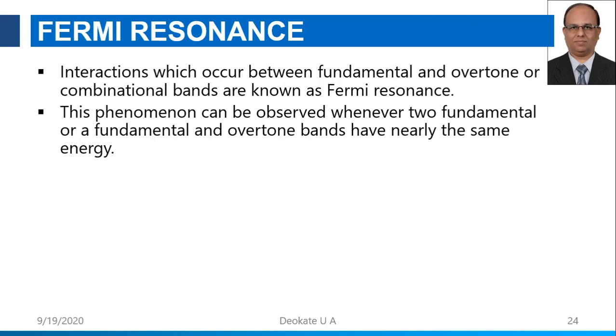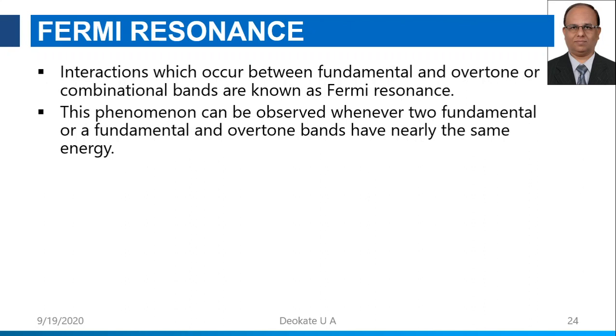Fundamental vibrations means V equals 0 to V equals 1. If the vibrational level is in the ground state, that is V equals 0, no vibrations. V equals 1 is the fundamental vibration state. And when it goes to the higher level, V equals 2, that is known as the overtone vibration.